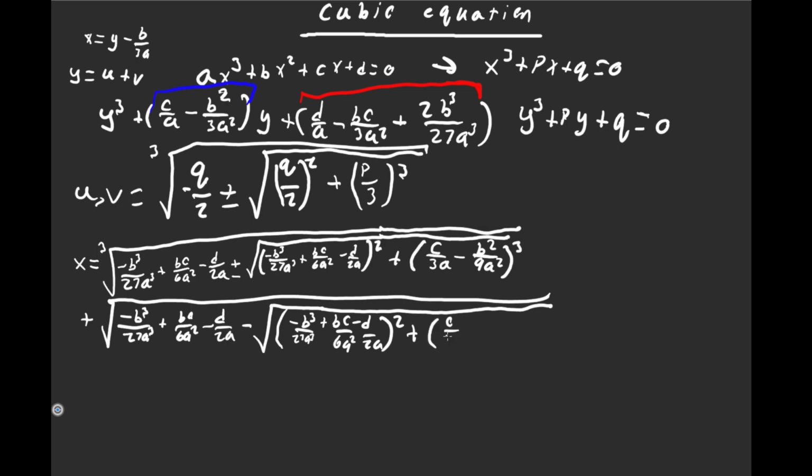Plus c over 3a minus b squared over 9a squared, all cubed, minus b over 3a. And let me just see if I can get rid of that minus, because that's going to confuse some people. There we go. So we have the long cubic formula, which is written like this.